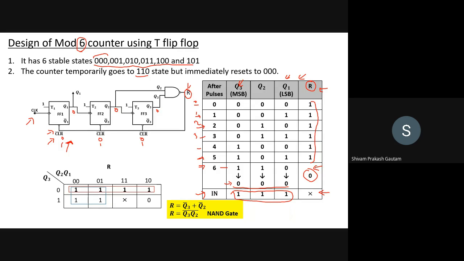We want R to be 0 because we want a 0 to flow in here. Whenever this is 110, we want R to become 0, because we do not want the output to stay in the 110 state.